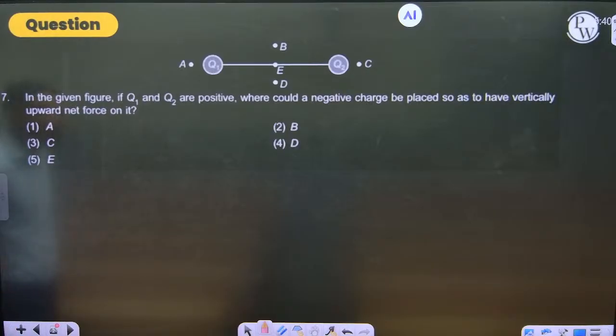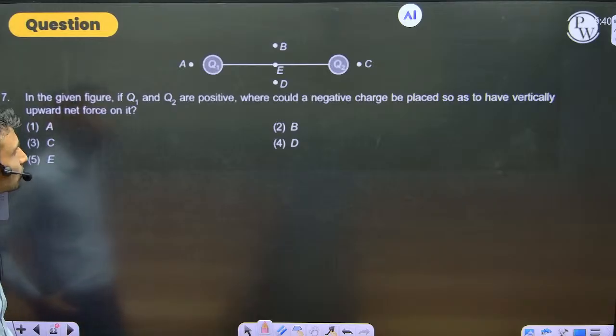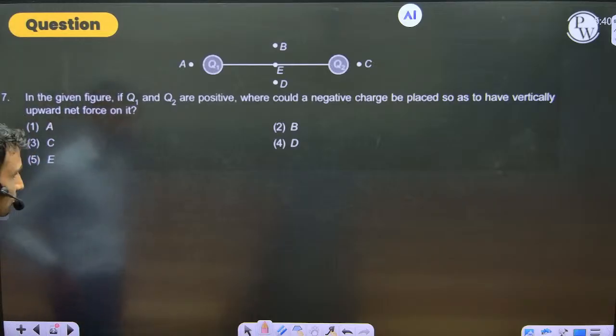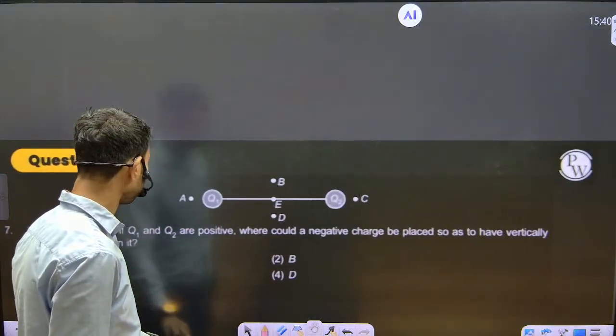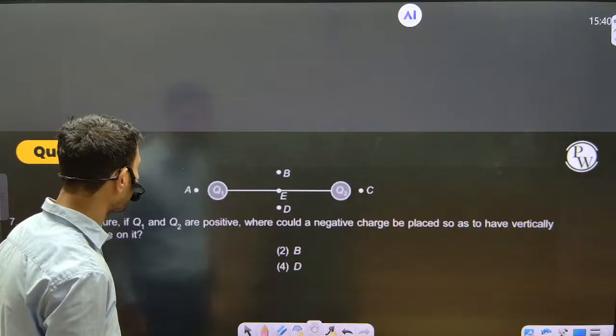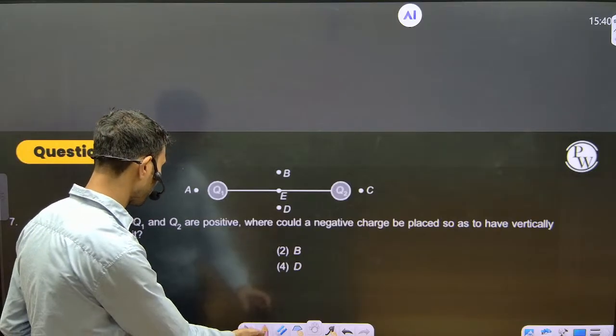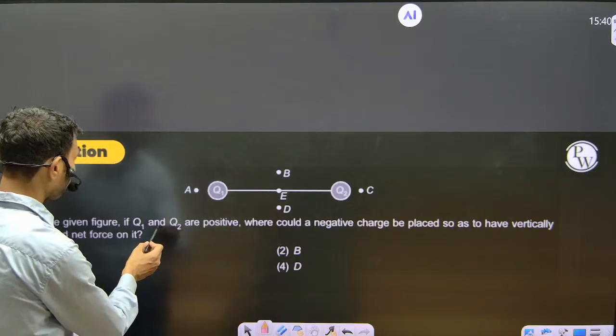In the given figure, if Q1, Q2 are positive, where could a negative charge be placed so as to have a vertically upward net force on it? So Q1, Q2 are positive.